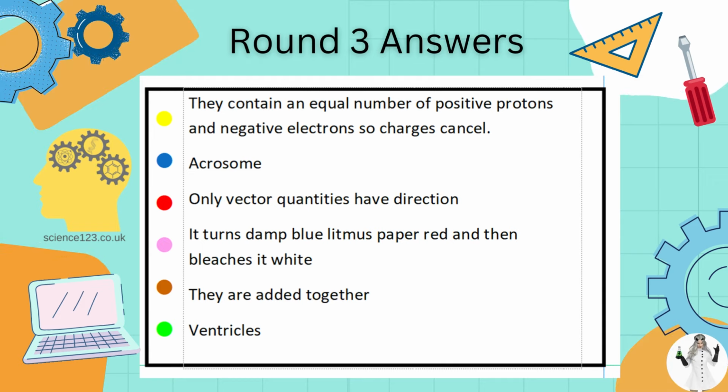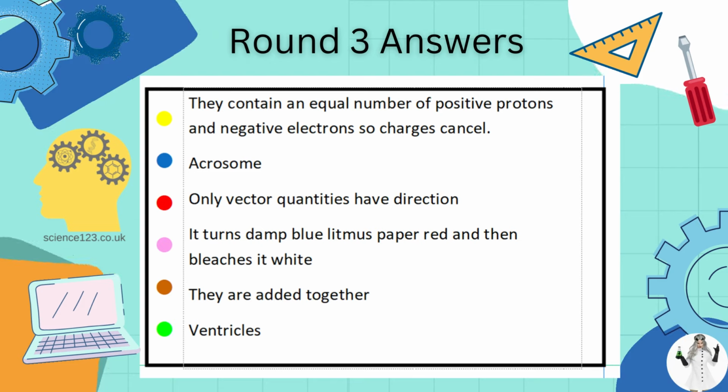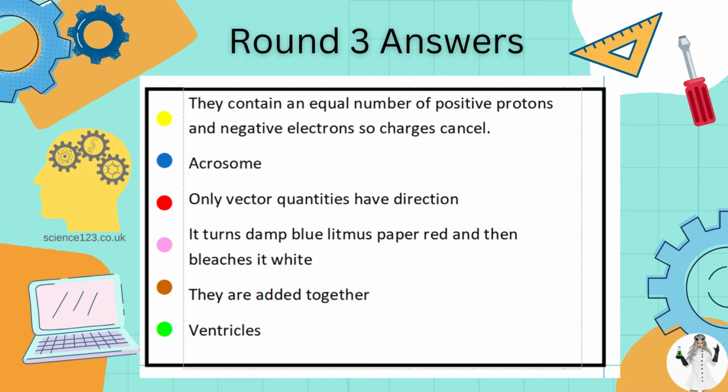Chlorine turns damp blue litmus paper red and then bleaches it white. The total resistance for two resistors in series is calculated by adding them together. The lower chambers of the heart are called ventricles.